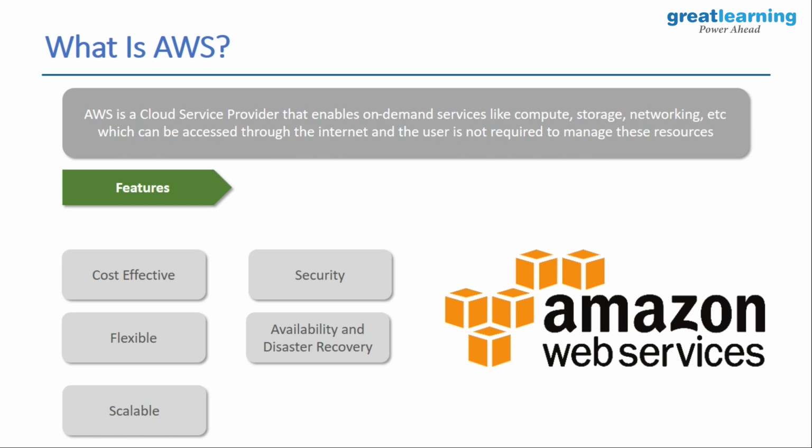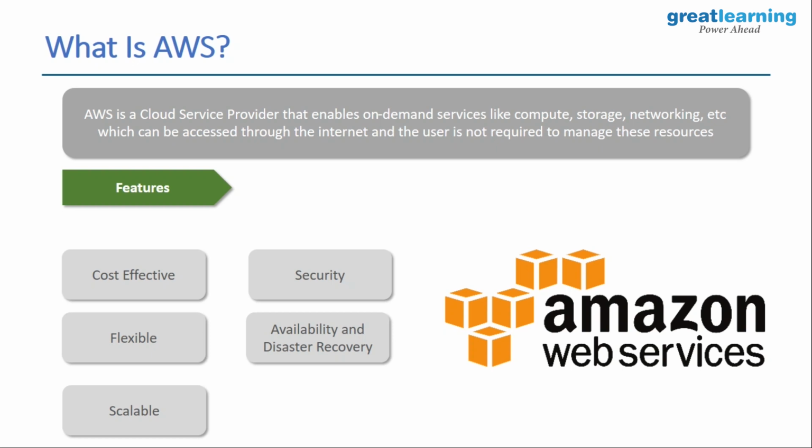Okay, availability and disaster recovery, right? AWS takes care of these factors as well. Since it operates in 245 regions, countries, right? You can back up your data in different parts of the world, ensuring that even if one of the resources goes down, you'll always have a backup of the data somewhere. So this is what AWS is in a nutshell.